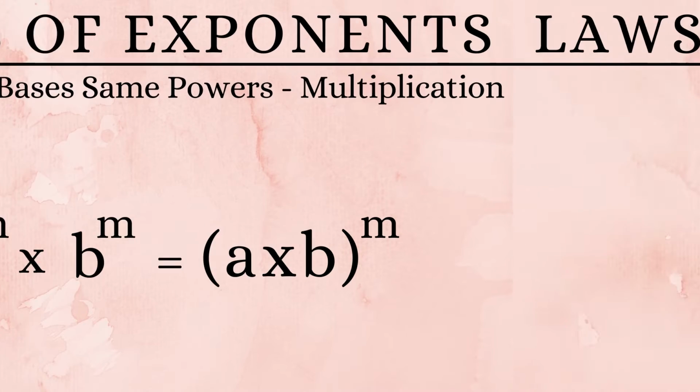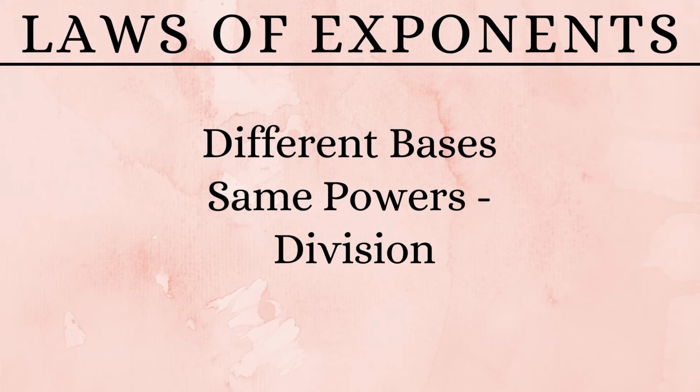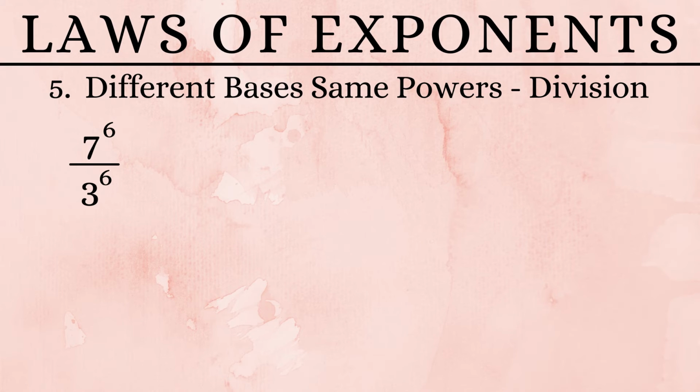Here we consider division of 2 terms which have the same exponents but different bases. For example, 7 to the power of 6 by 3 to the power of 6. 7 to the power of 6 can be expanded as 7 multiplied 6 times.